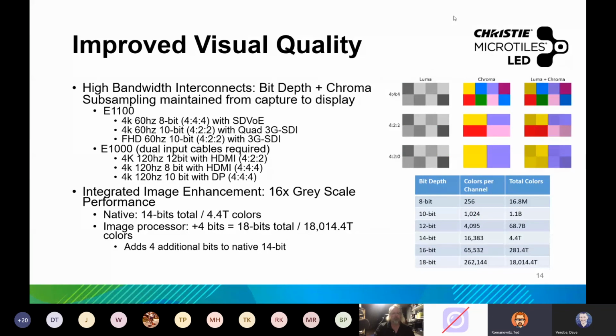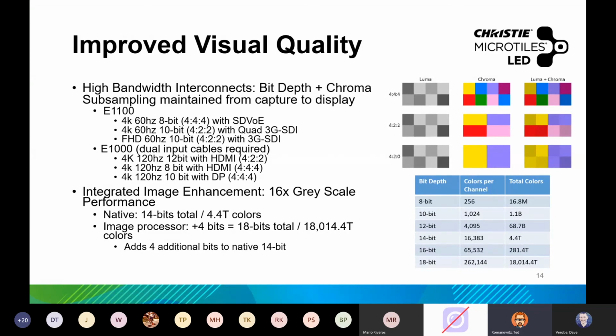All right, and another big piece of image quality is you have to have the bandwidth in the system to deliver that experience from the source all the way to the very pixel. And that's exactly what we did. A lot of the other competitive products in the industry, you have to bring the image in, compress it, send it along the wire to the wall, decompress it, and then get it distributed out to the cabinets.